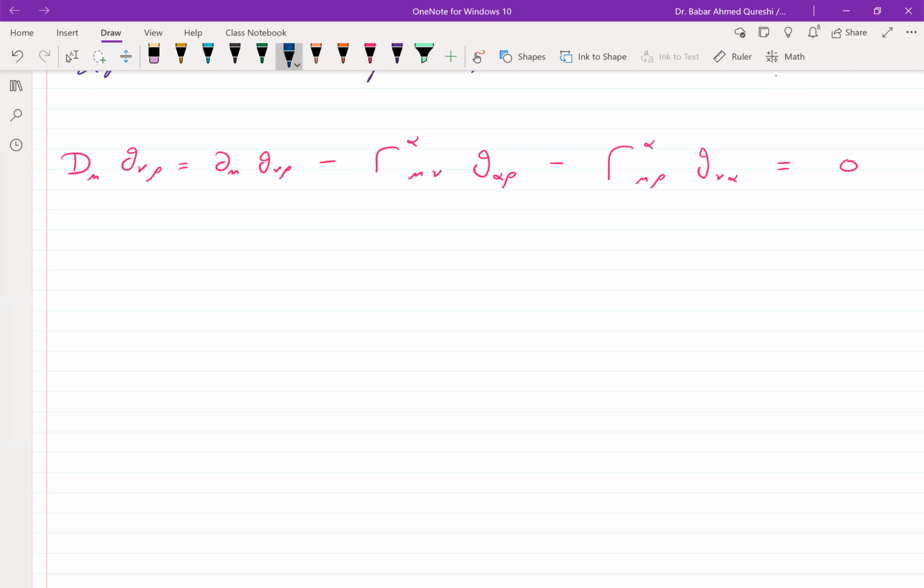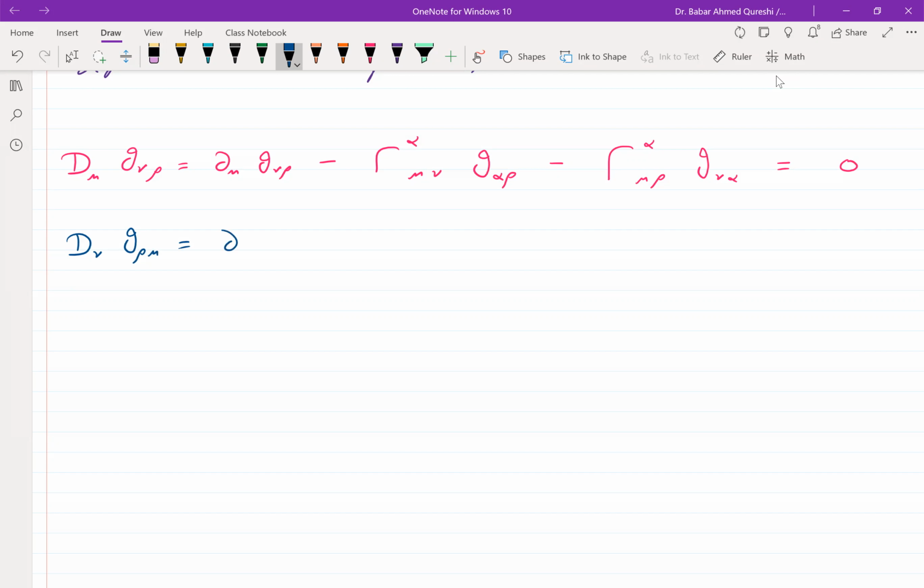Now the thing is that this equation can be, in a sense, algebraically solved by just a permutation of indices. So now I slide these cyclically. So bring nu here, rho here, and slide this mu and bring it to the other side.